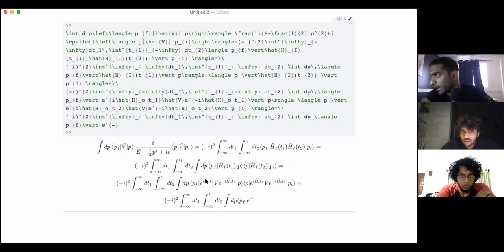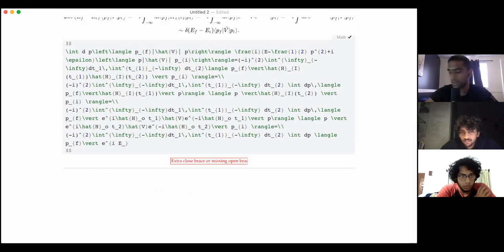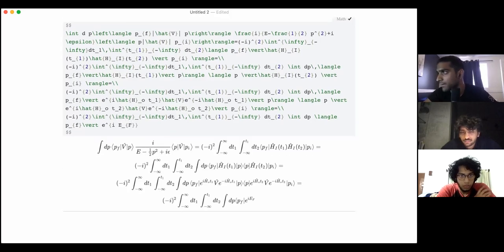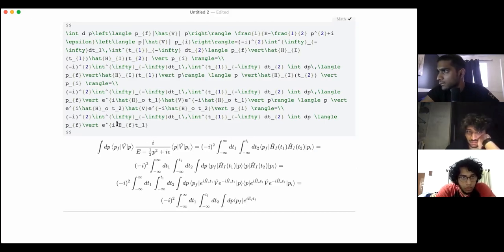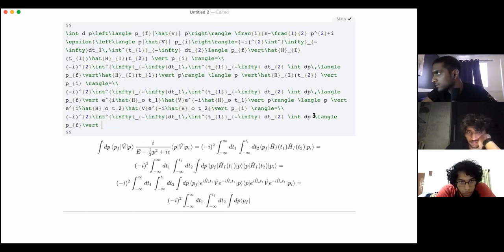So here we have i E_F t1, right? I'll put it here.